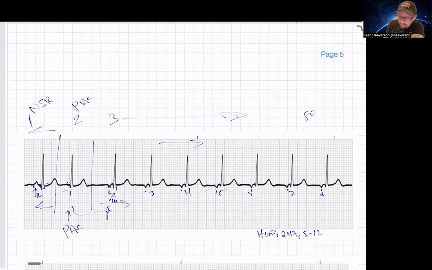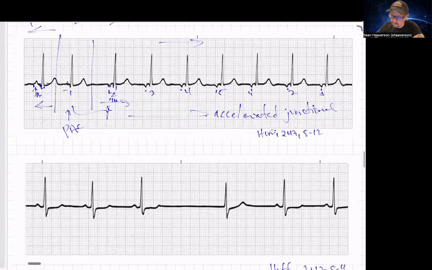And then, following through, with our rate here we have an accelerated junctional rhythm because of the rate of 80 beats per minute. All right, so normal sinus with one PAC, looks like it's the second complex, and then the rest is going to be an accelerated junctional.